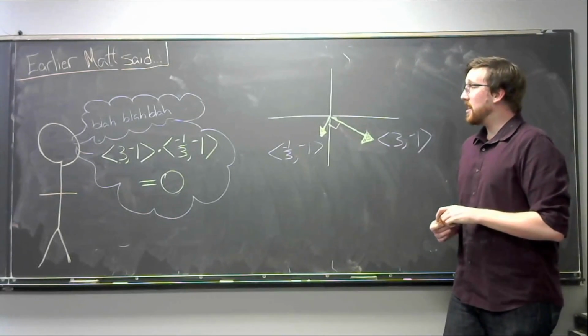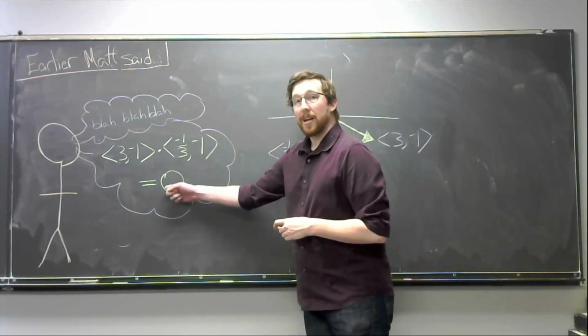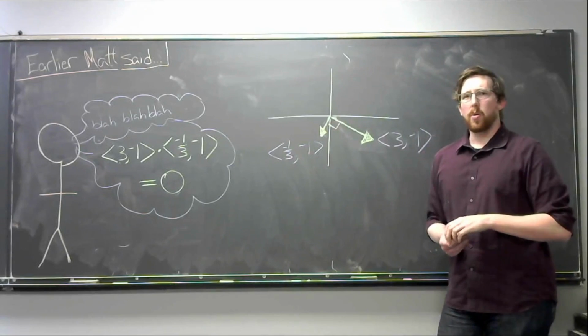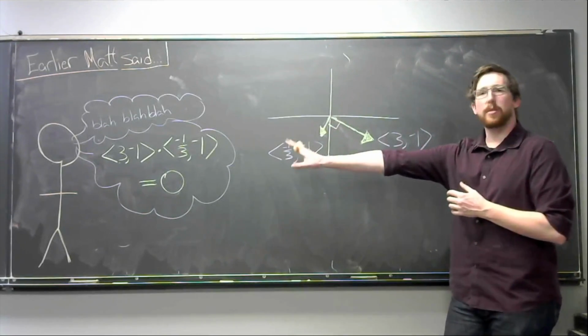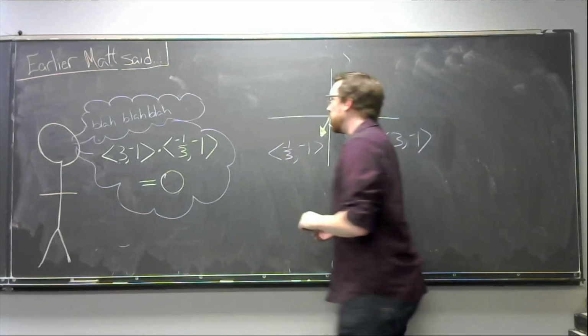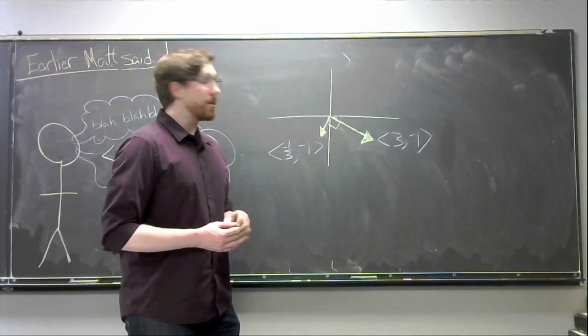And we can see that just by taking the dot product and seeing if the dot product is 0. Now, why is that? What causes this relationship to occur? Well, the reason happens to be because of what we just did a second ago.